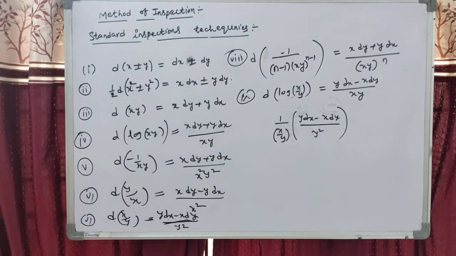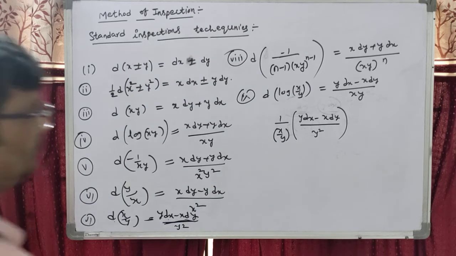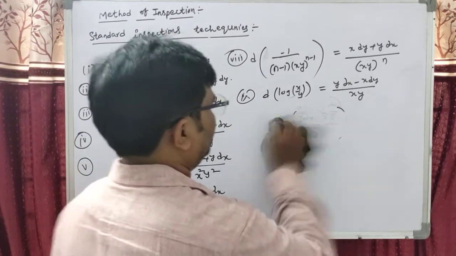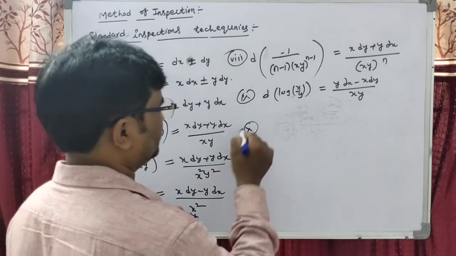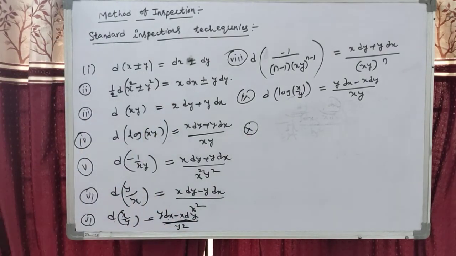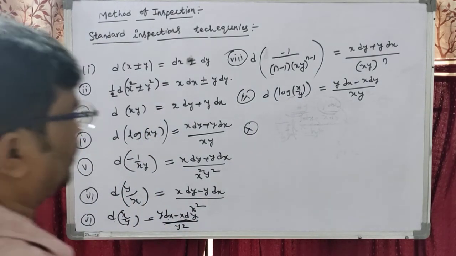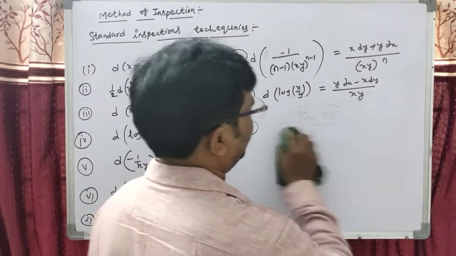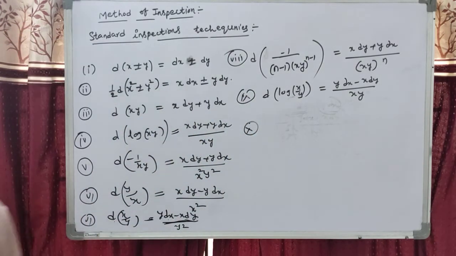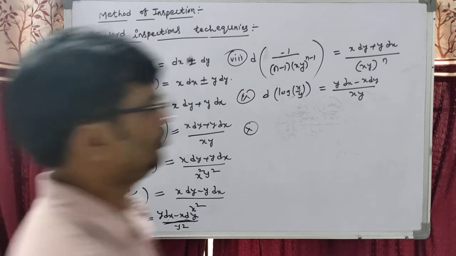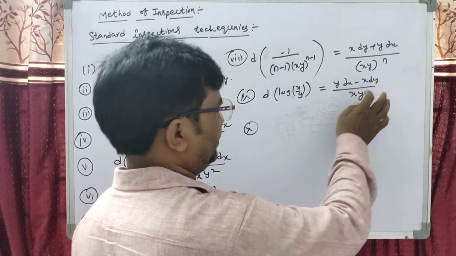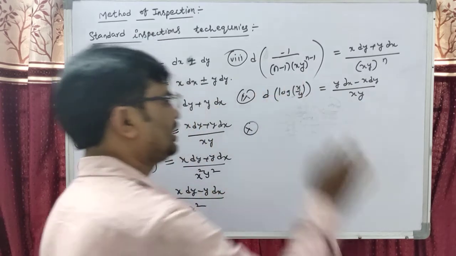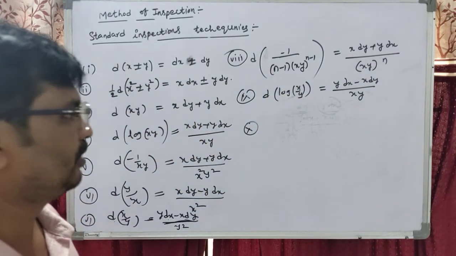Okay students, now the tenth result. How can you write the tenth one? Observe that if the right hand side has the term y dx minus x dy by xy, you can directly write it as the derivative of log of x by y.